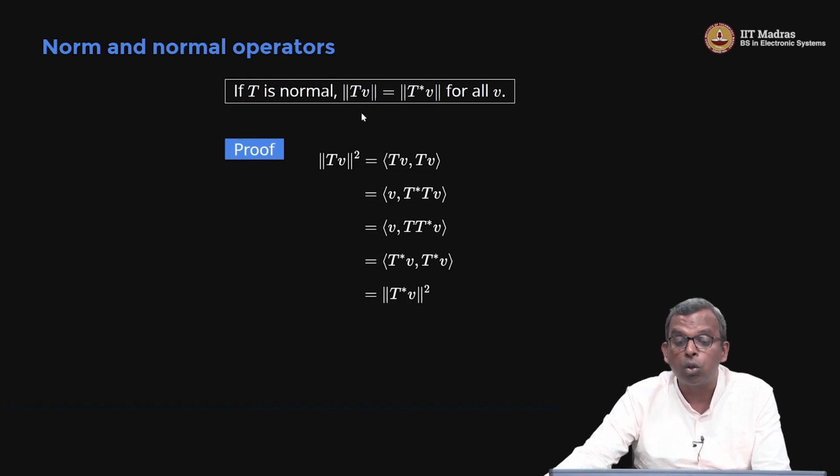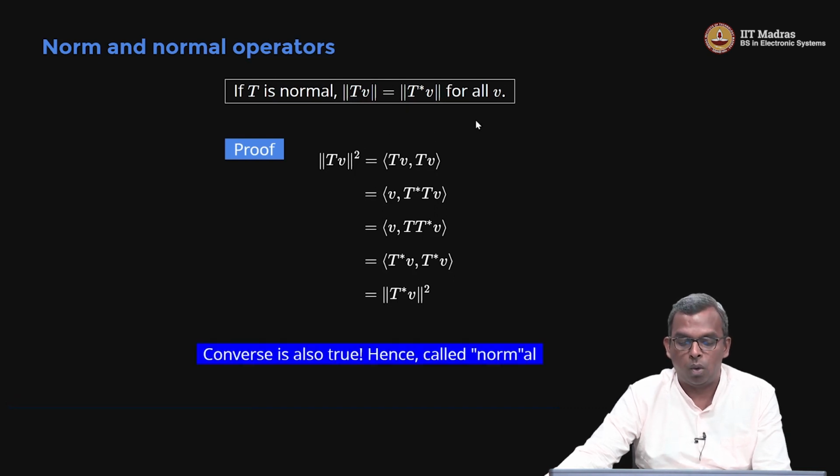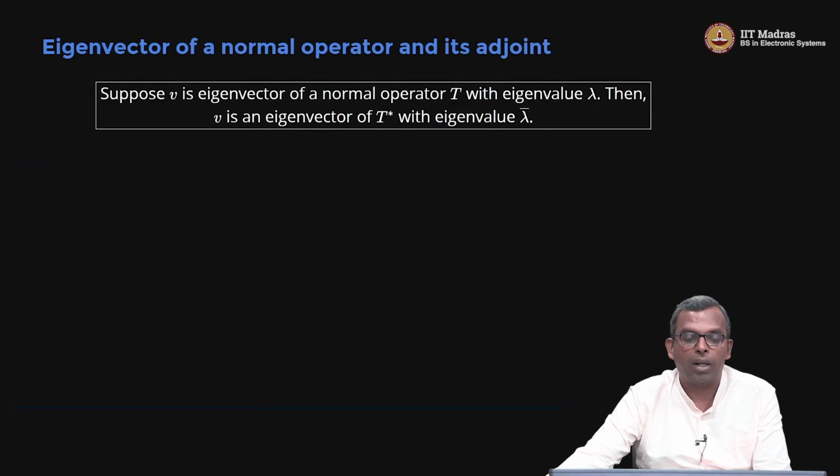So, it means it is also true for a self-adjoint operator, obviously, right. T equals T star, norm TV is norm TV, right. So, both of them are the same if they are self-adjoint, but for normal also it is true, okay. So, in fact, there is a curious property that the converse of this is also true. Supposing an operator satisfies this for all V, then it is normal, that T T star equals T star T. I am not proving it here, but you can prove that, okay.